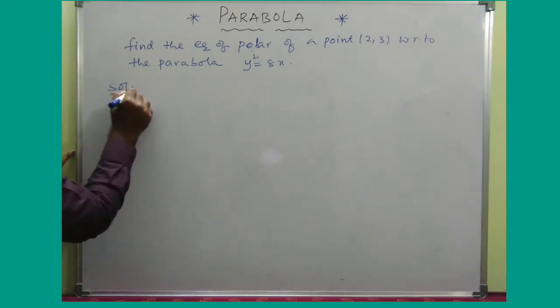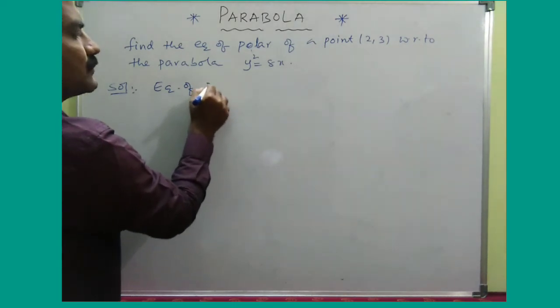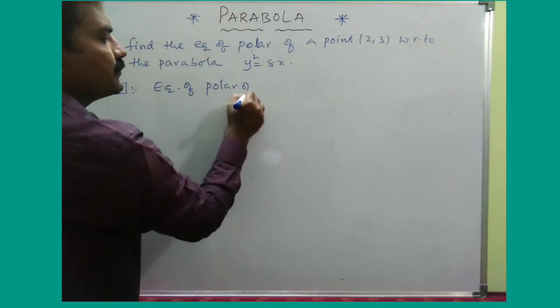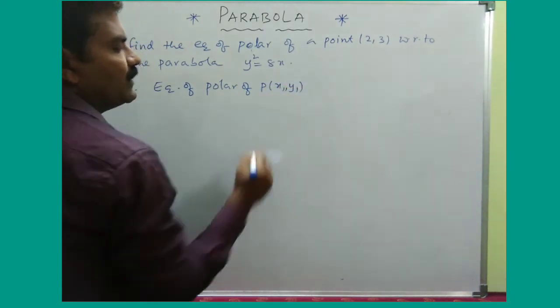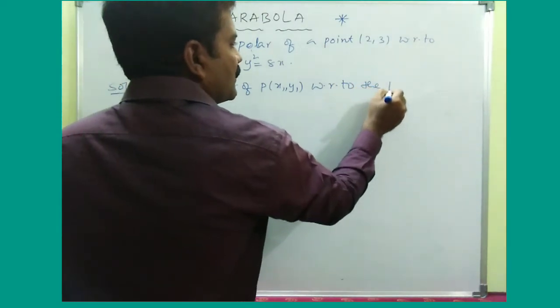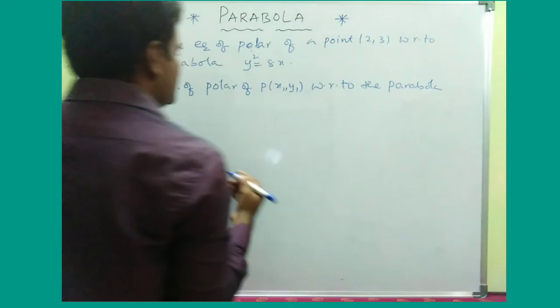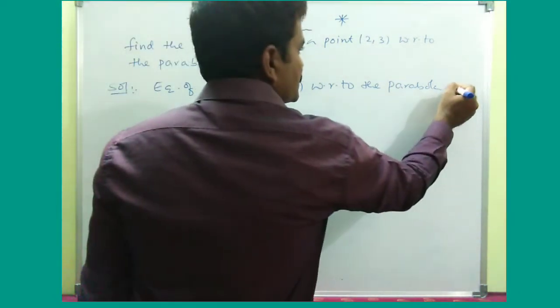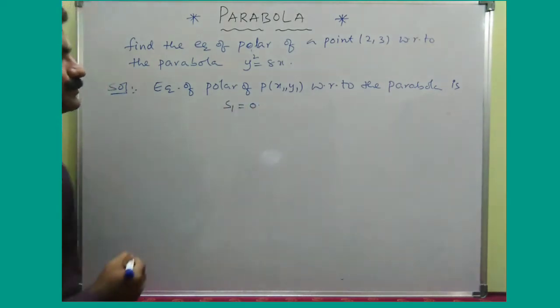Then coming to the solution, first write the formula. Equation of polar of a point P (x1, y1) with respect to the parabola is S1 is equal to 0.